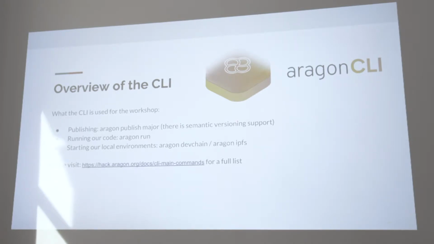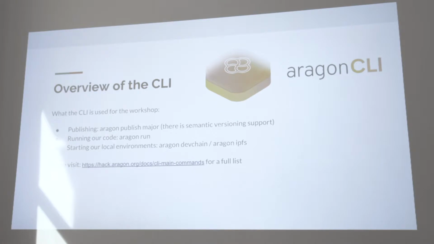So for publishing, you just run Aragon publish major. Like I said, there's semantic versioning, so you can either specify I'm trying to bump from X to Y, or I can say it's a major publish, a minor publish, a patch. And when you access CLI commands, it uses that same semantic versioning.